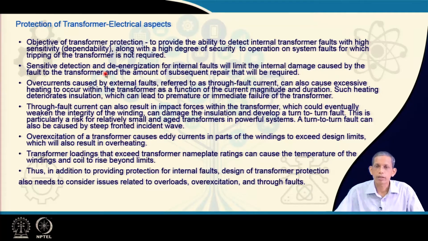And for any external fault or overload condition, the transformer should not be isolated, or the corresponding breaker should not open. We have already discussed that in our beginning classes. These are the two issues related to dependability and security.